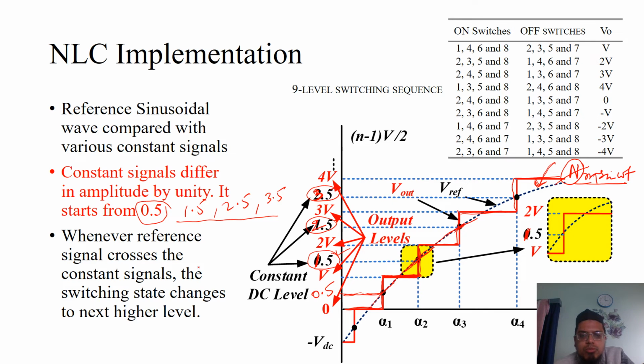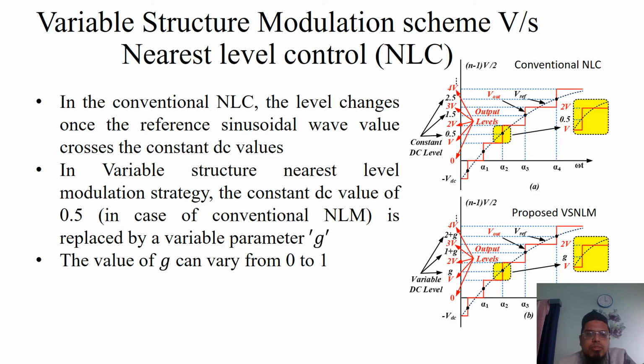So let's now move to the scheme that we have proposed, which is the variable structure modulation scheme. In this scheme, we have not kept these DC levels 0.5, 1.5 constant as such.